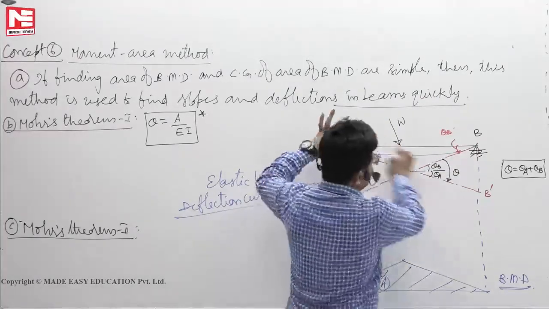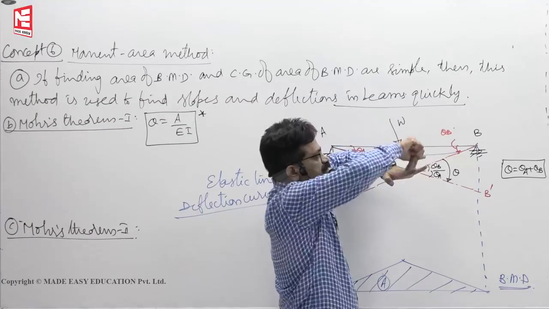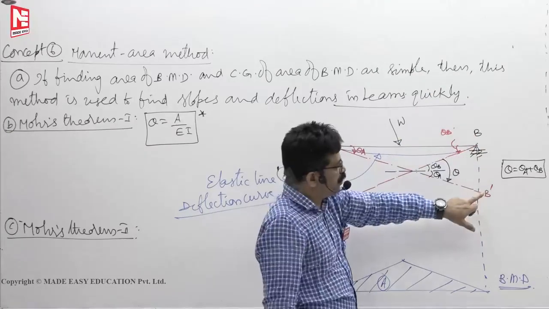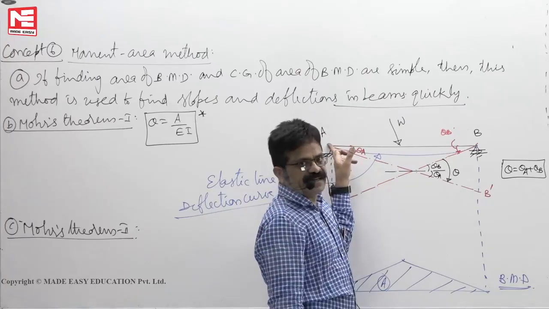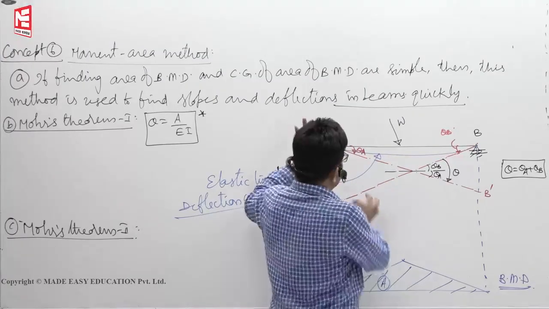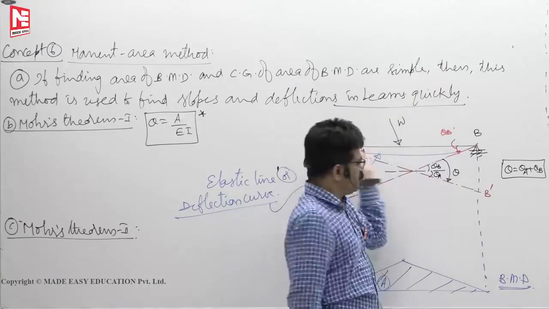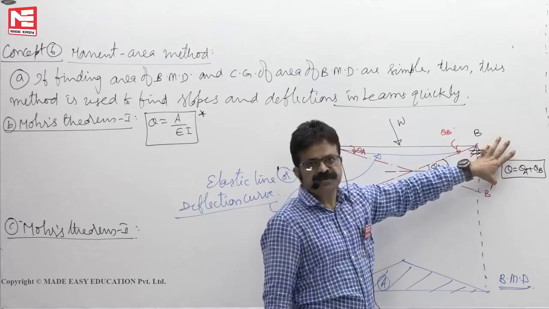What it tells you is take a string, hold this B and lift it. So BB dash is the deviation of point B away from the tangent drawn at A. That means at A you have drawn a tangent, how much that B dash deviated from its original position. That deviation you will get from Mohr's theorem 2.